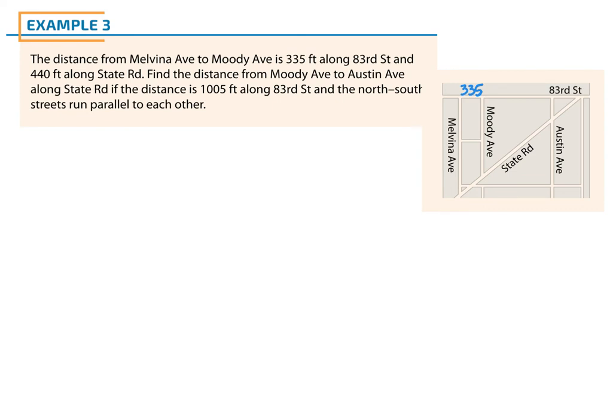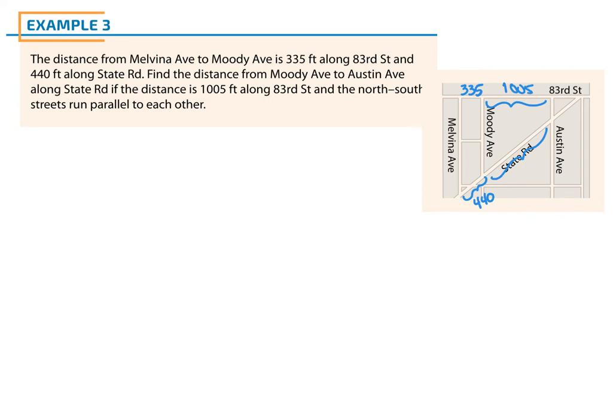So this piece right here is 440. Find the distance from Moody Avenue to Austin along State Road if the distance is 1,005 feet along 83rd. So they want to know the distance along this road if this piece is 1,005.